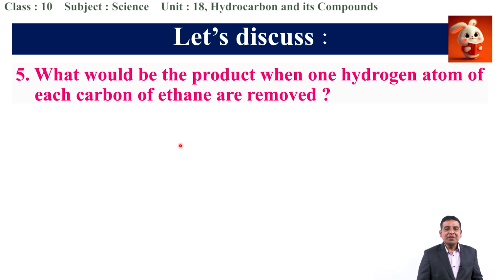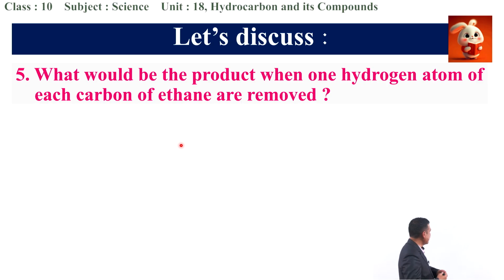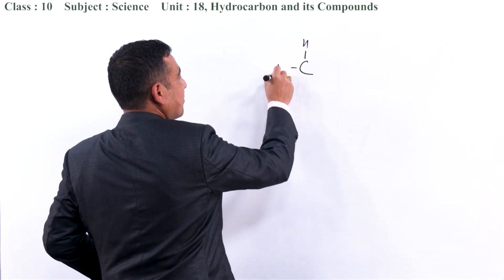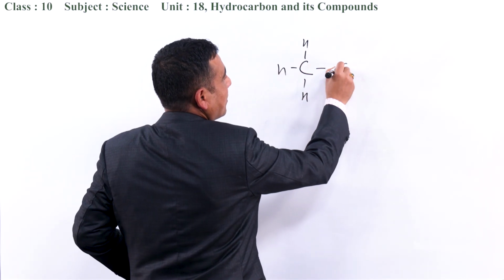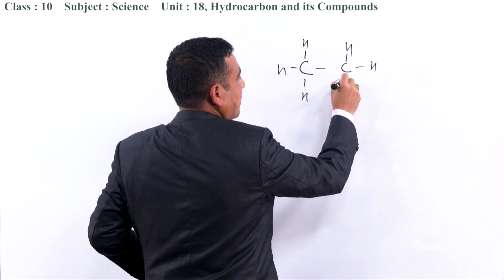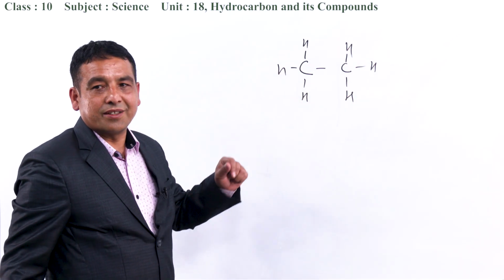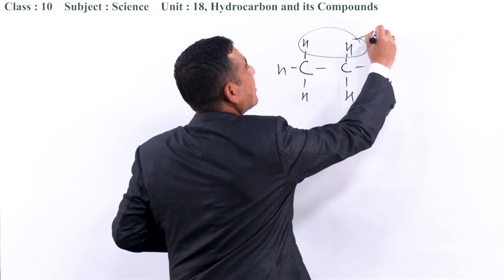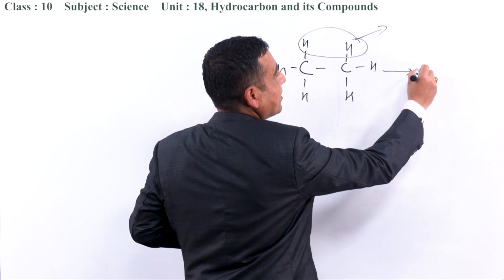Okay, next one. What would be the product when one hydrogen atom of each carbon of ethane is removed? You can see here, this is ethane. Then, if one hydrogen atom from each carbon is removed, what would be the product?